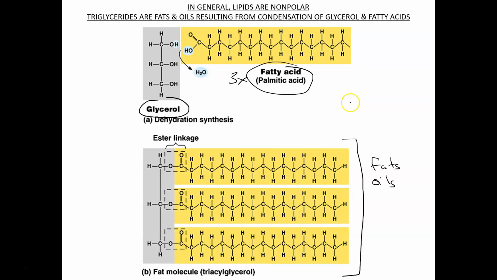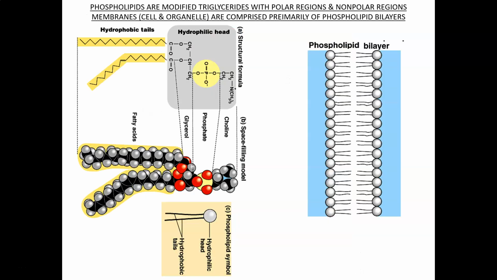But again, these lipids in this case are primarily energy storage molecules, and potential energy storage in all of these bonds of these fatty acid tails here. So these are all potential energy sources, and cells use these primarily that way. There's another example of lipids, and again, we'll go into this in more detail, but these phospholipids, which are modified triglycerides, have this phosphate-including head here that is polar.